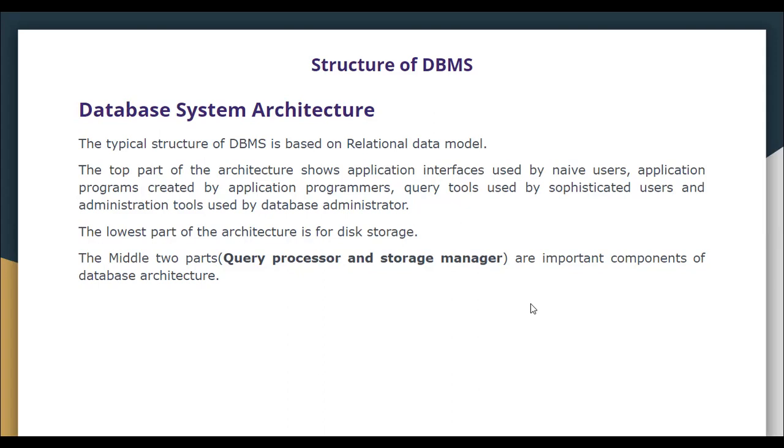The lowest part of the architecture is disk storage, and the middle two parts are called the query processor and the storage manager, the important components of this database structure.